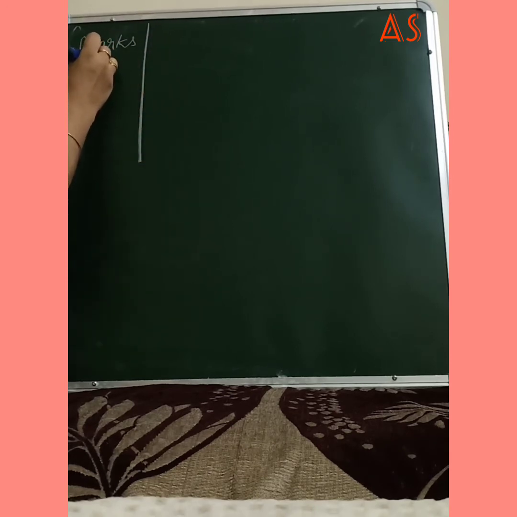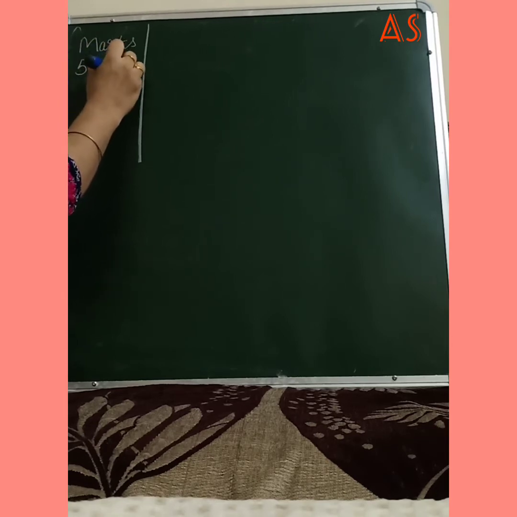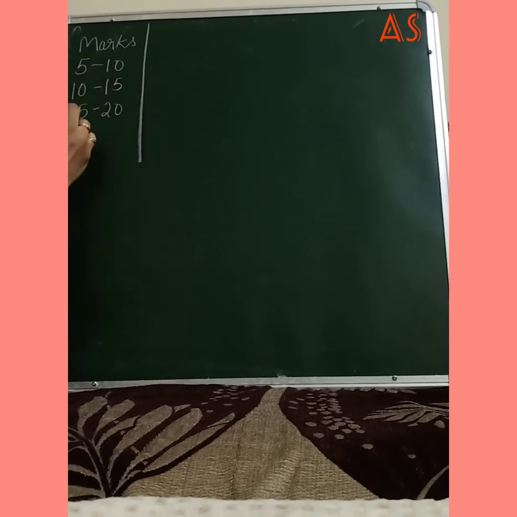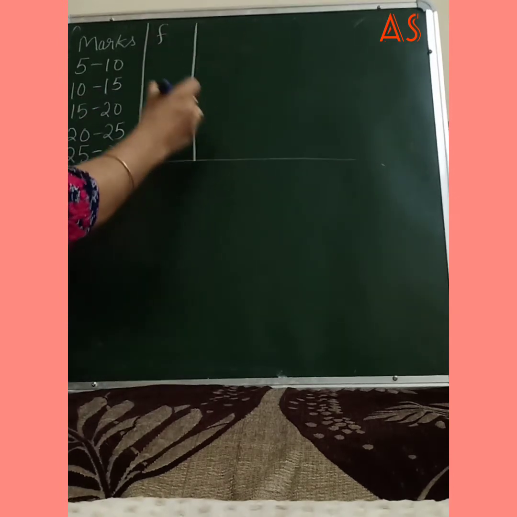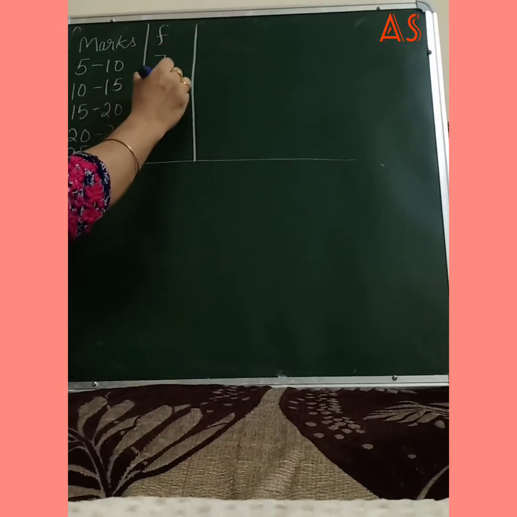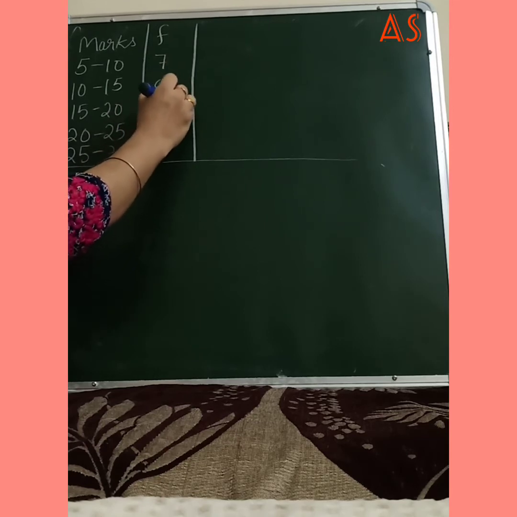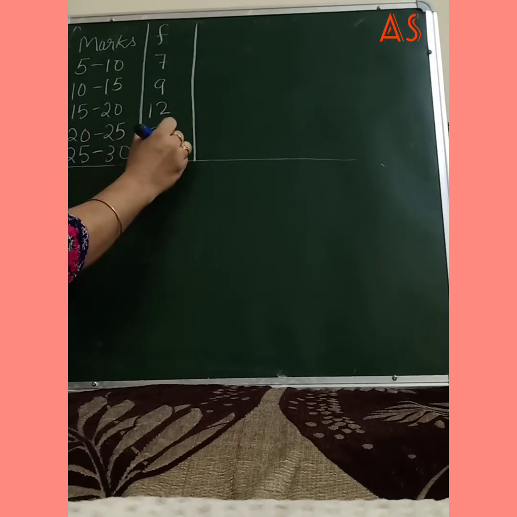Marks are 5 to 10, 10 to 15, 15 to 20, 20 to 25, and 25 to 30. This is given. And the frequencies are also given: 7, 9, 12, 8, 6.